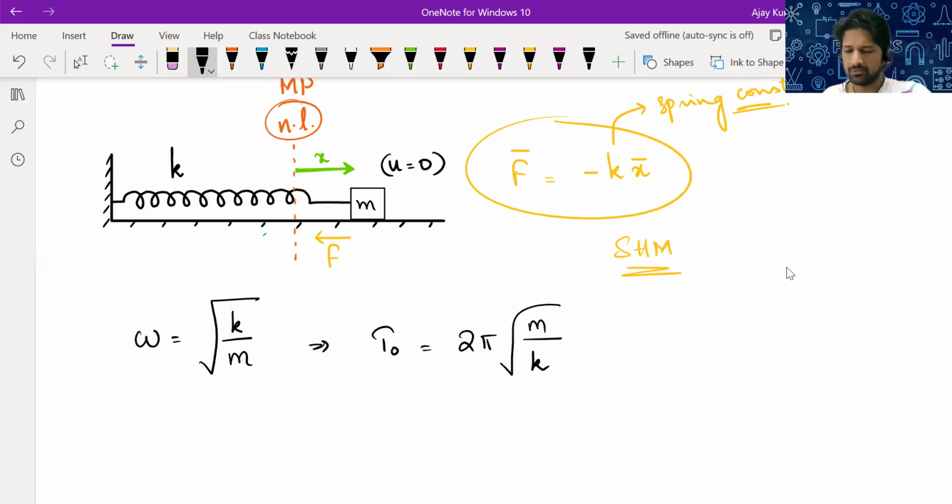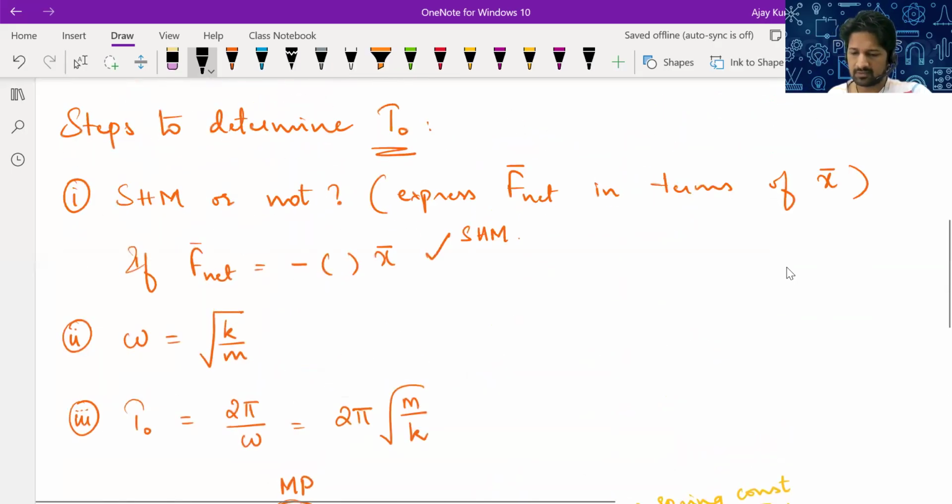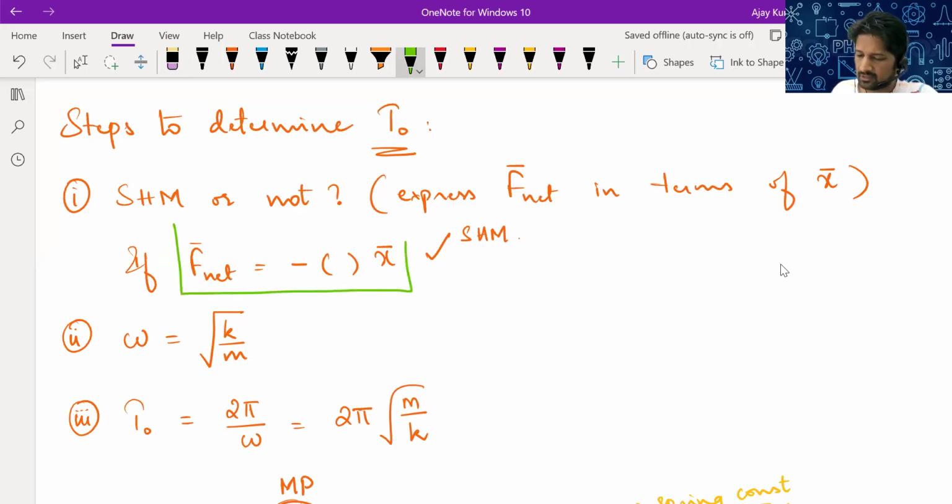Hope this is clear to all of you. Remember the steps to determine the time period of oscillation of a system. First, you check whether it is SHM or not. In that checking process itself, what you will automatically do is get force in terms of displacement. That is how you check whether something executes SHM or not.